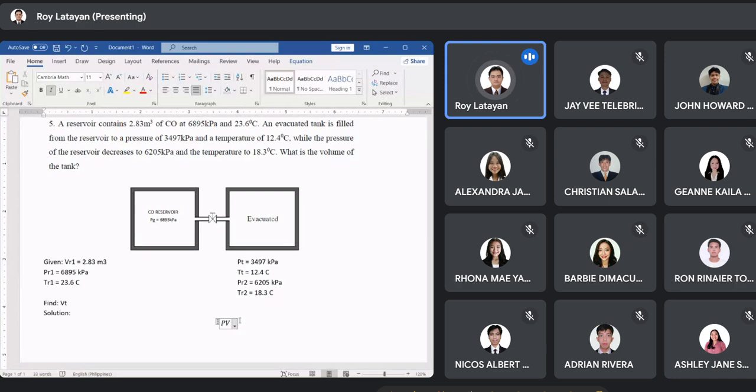So, baka for tank, PV = mRT yung gagamitin natin. Pressure ng tank, volume ng tank, mass ng tank, R, tsaka temperature ng tank. Ito yung hinahanap natin, ikulayan natin to ng green.